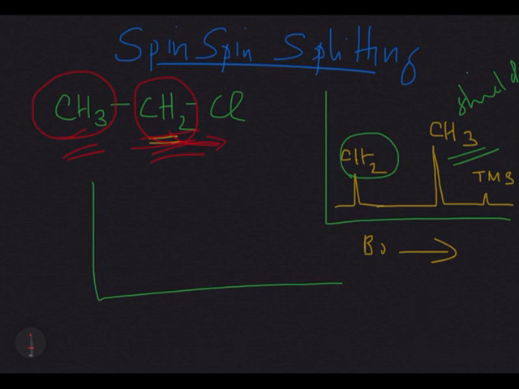The CH3 protons cause splitting of the CH2 signal. Similarly, the CH2 protons cause the CH3 signal to split. Thus, splitting of the NMR signal due to the interaction between protons on adjacent atoms is referred to as spin-spin splitting.